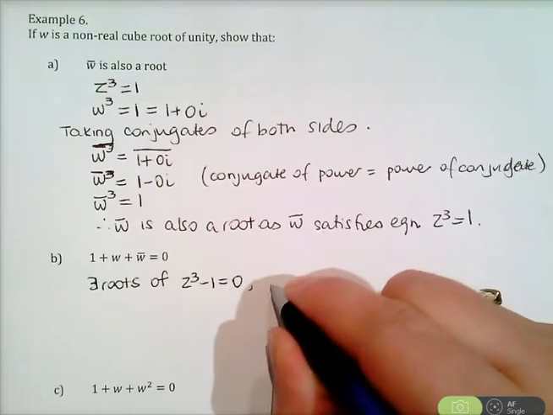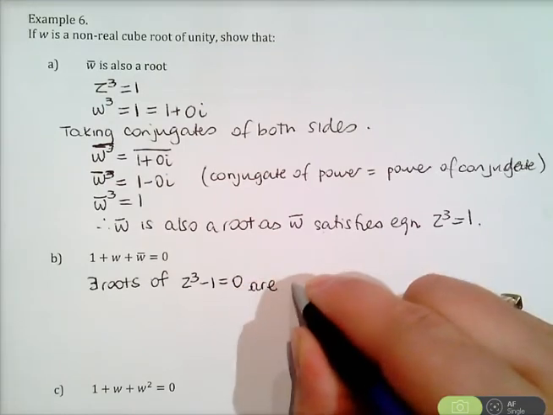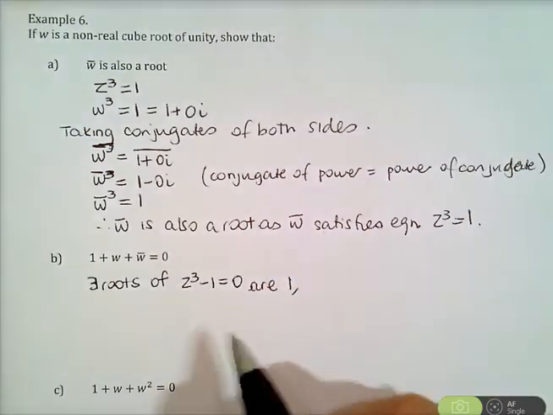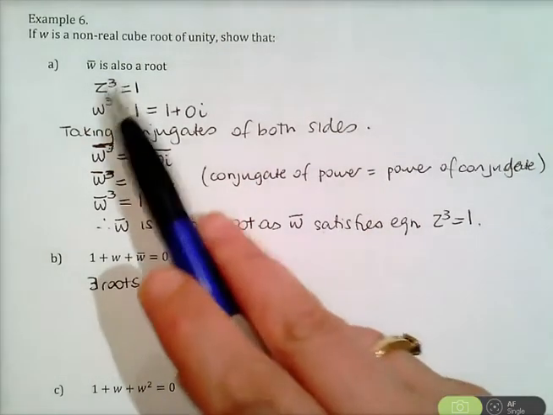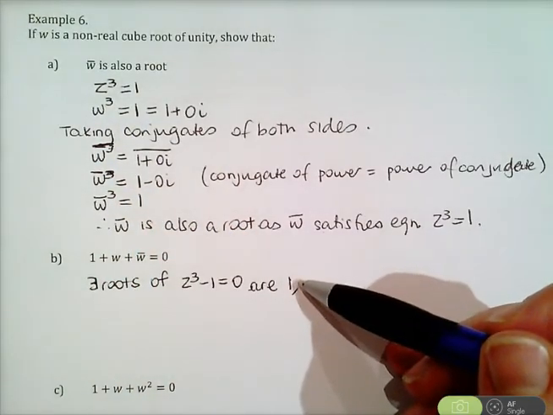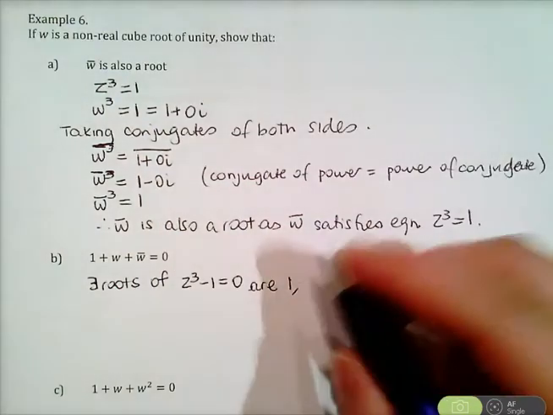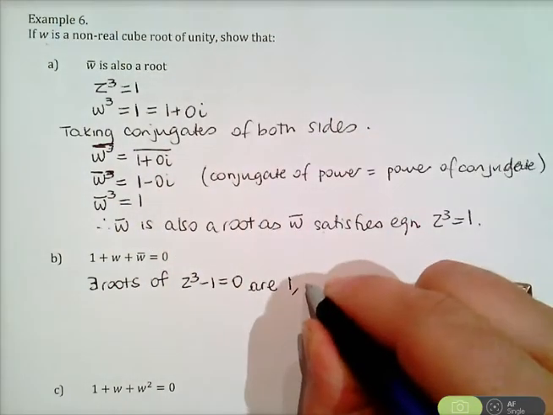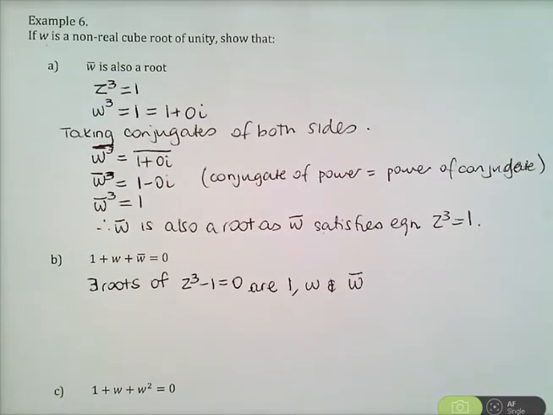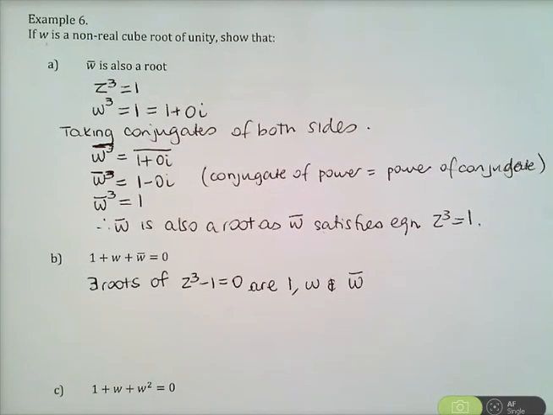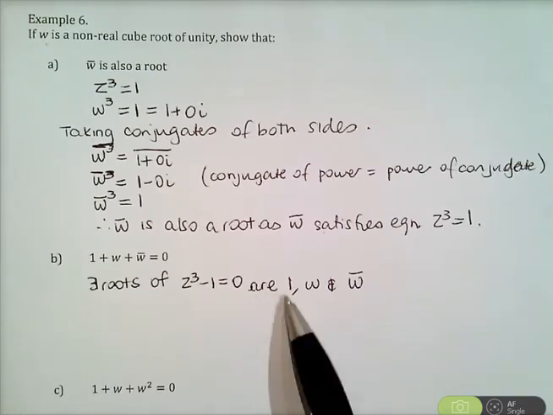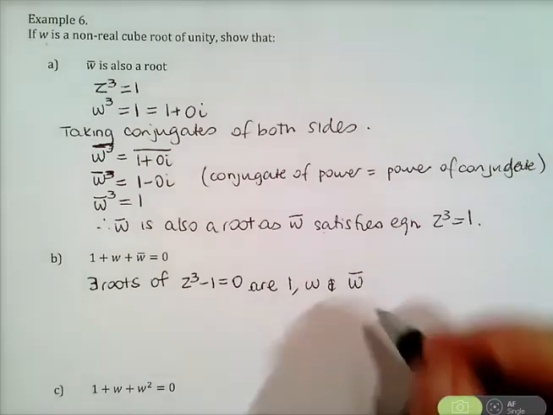So the three roots of that are 1, because we know that 1 cubed equals 1. That's the real cube root of unity, and there are two non-real cube roots. We know that w is one of them, and the other one is w bar, or the conjugate of w. So the three roots of z cubed minus 1 equals 0 are 1, w, and w bar.